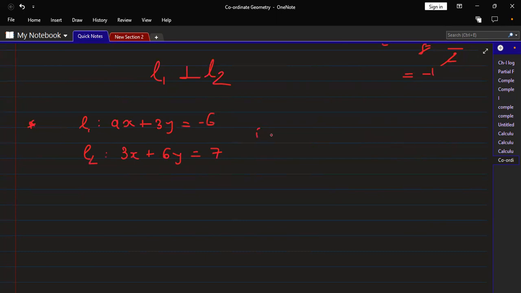If L1 equals to L2, then find A, the value of A. So now we know that A upon 3, here we need to make a small change.